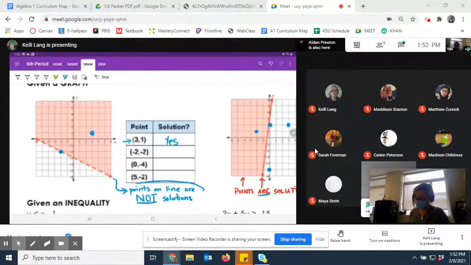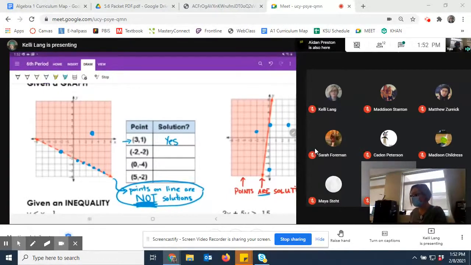And boundary line points are not solutions if the line is dotted. We've got half the class saying yes, half the class saying no. This is very interesting to me. So this is a dotted line. So these points are not solutions. Any point on this line is not a solution.